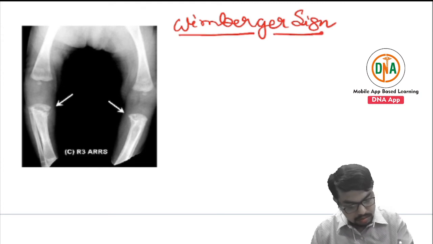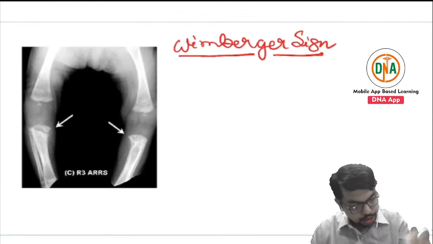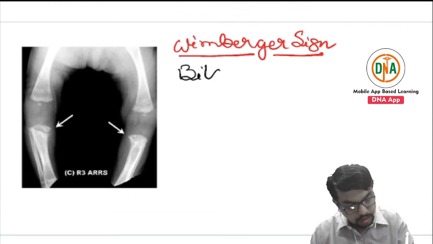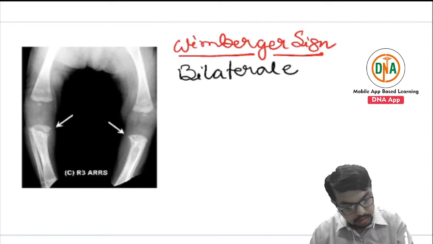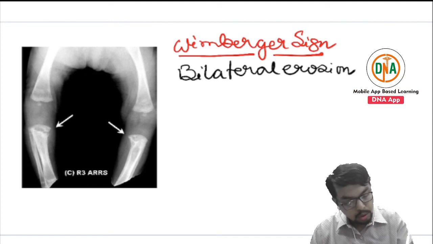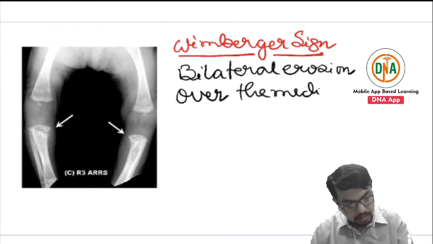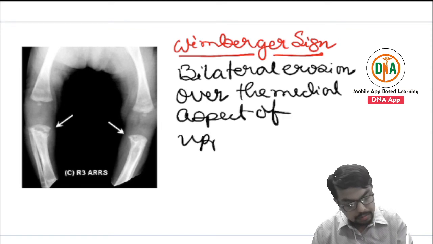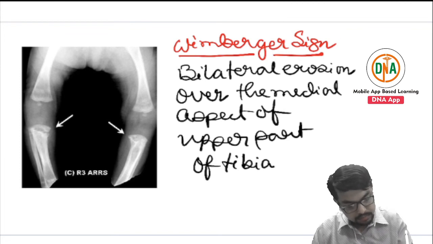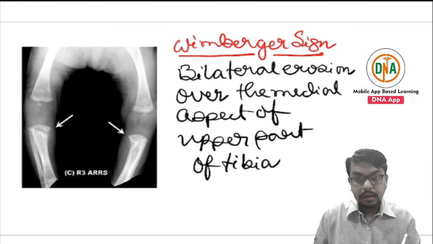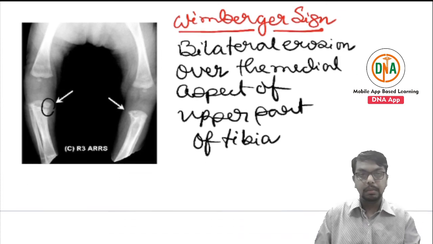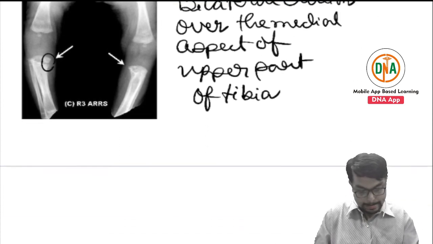Wimberger sign: there is bilateral erosion over the medial aspect of the upper part of tibia. It is clearly visible here. See the eroded part of the medial aspect of the upper part of tibia. This is Wimberger sign.